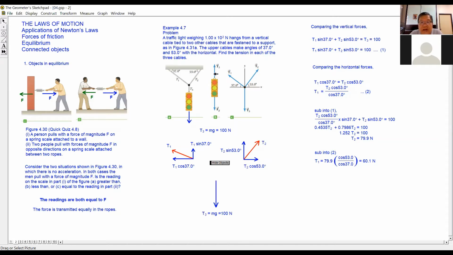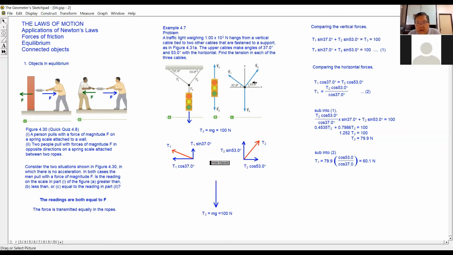T3, which is pulling the traffic light upwards, and the weight of the traffic light, 100 Newton, which is pulling the object downward. So we conclude that the T3 must be equal to the weight of the object. So when we look at the force diagram, we consider this T3 known. It is equal to the weight of the object.